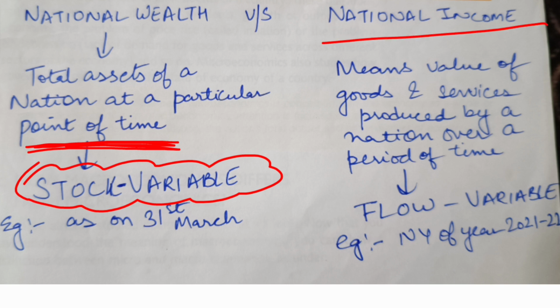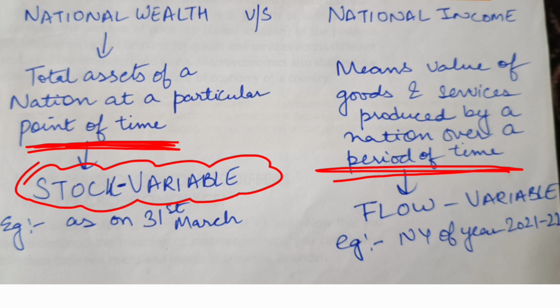Then we have the national income, which means the value of goods and services produced by a nation over a period of time. When we talk about over a period of time, it makes it a flow variable. For example, the national income for the year 2021-22 was this much. Okay, so I hope the concept is clear to you all.